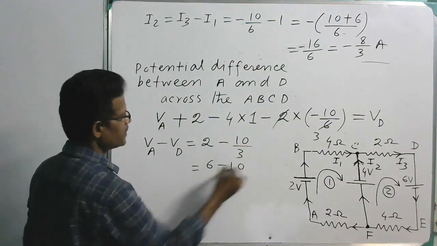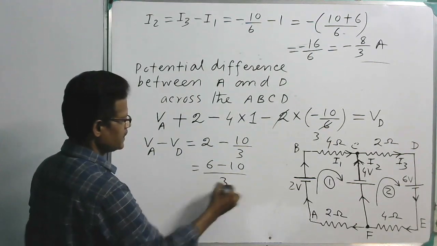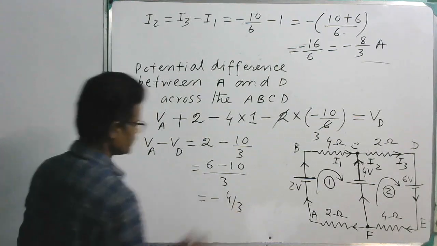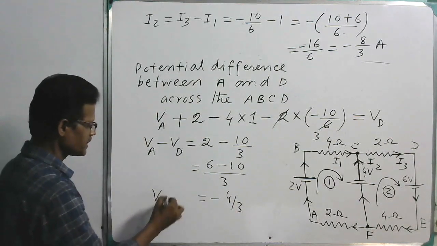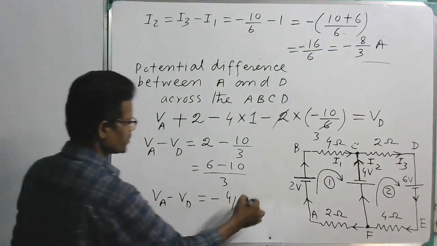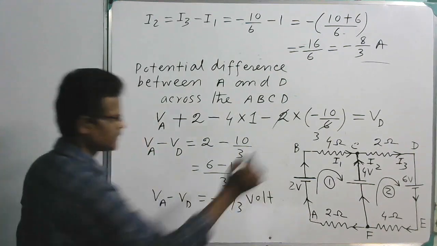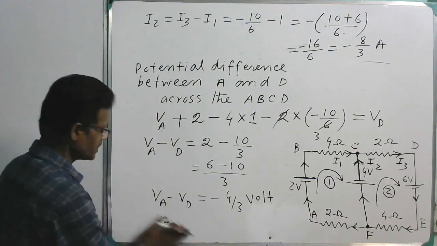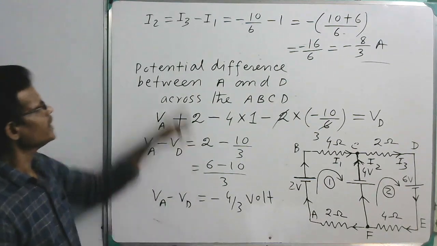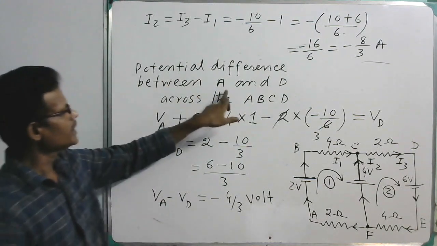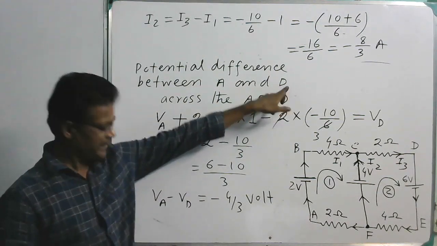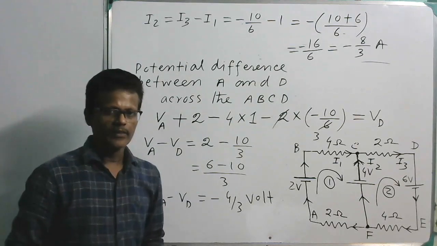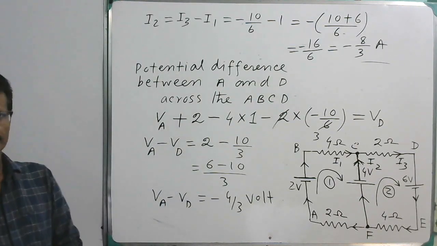So 6 minus 10 by 3, or this is simply minus 4/3. So VA minus VD is 4 volt, or VD minus VA you can say, but you must write down VA minus VD as the potential difference between A and D. A and D means VA minus VD. So this is the end of my session. Thank you.